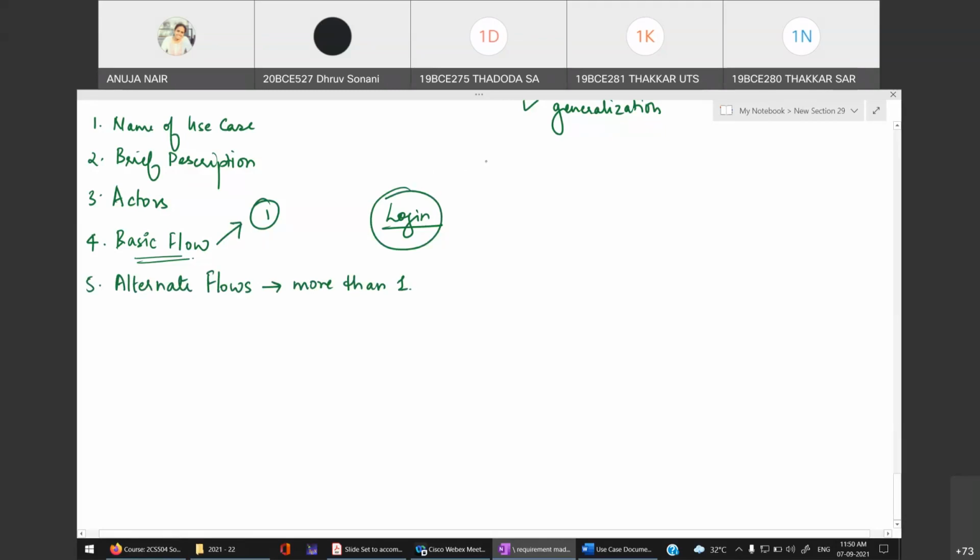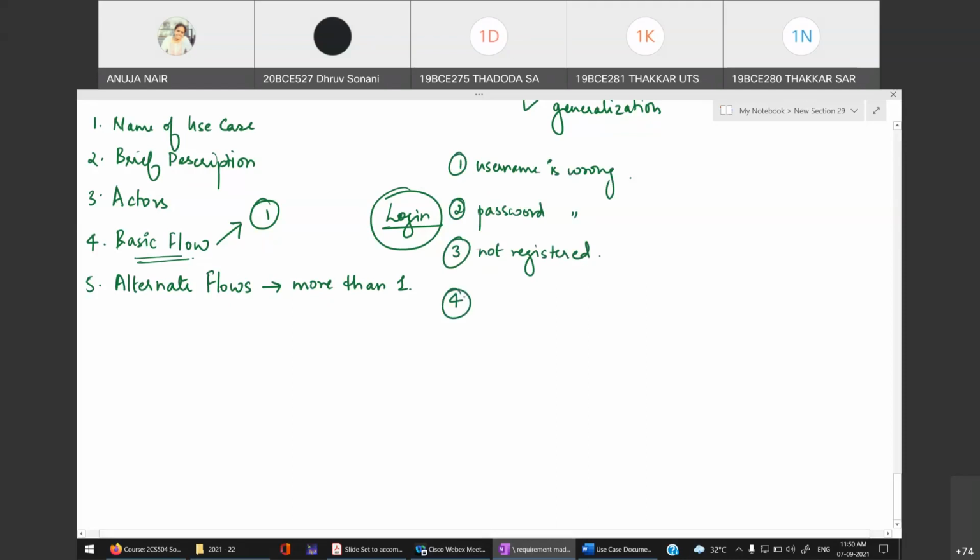So what would be one alternate flow? That my username is wrong. Second alternate flow, I can have that my password is wrong. Third alternate flow can be that I am not registered yet, still I am trying to log in.